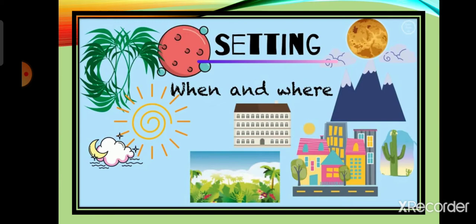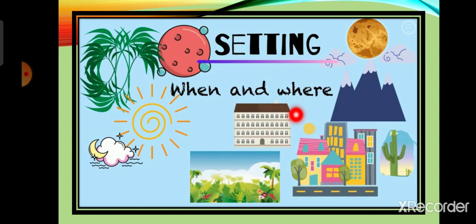You can choose any time for your story. It can be past, during the daytime, at night, during summer, or in December. It can be any time of the year or of the day.